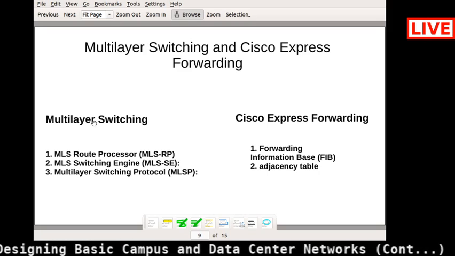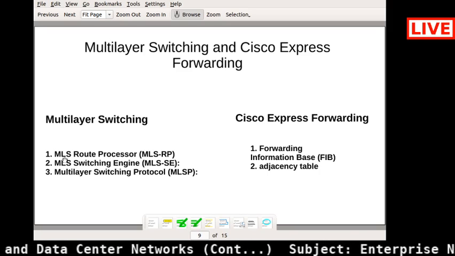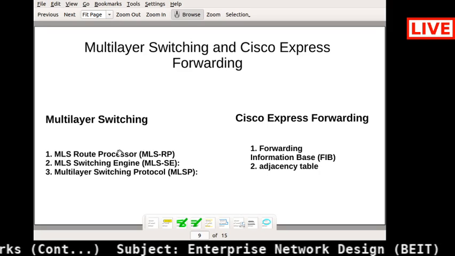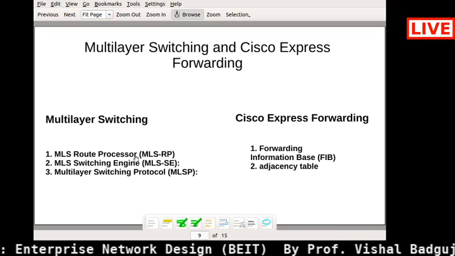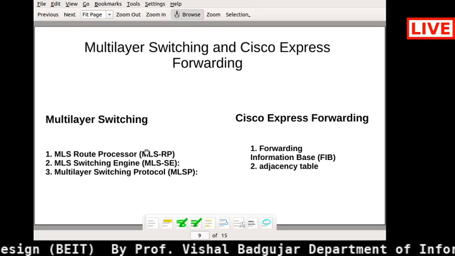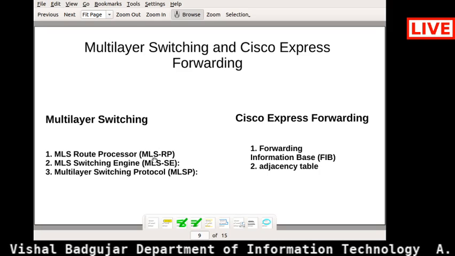There are three main components of multi-layer switching. The first one is the MLS route processor, which is nothing but the router. It performs the traditional function of routing between different networks, or different subnets.